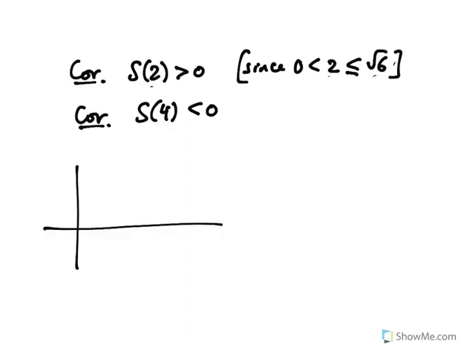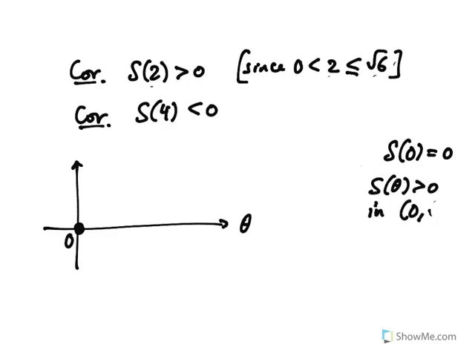So let's think about what we know about the capital S function so far, graphically. I'll put theta on this axis. First of all, we know that s of 0 is 0, so the graph passes through that point. We established that in the last video. We also know that s of theta is strictly positive in the open interval 0 to root 6. Well, actually, we can close that interval at root 6, but it's open at 0.